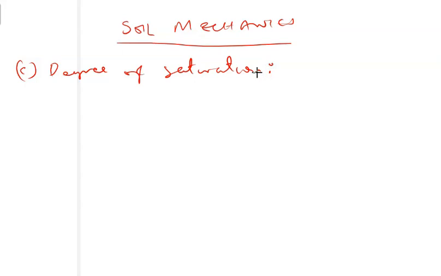Okay. So what do we define it as? We said degree of saturation refers to the proportion by percentage of water present in a given void volume in the soil.